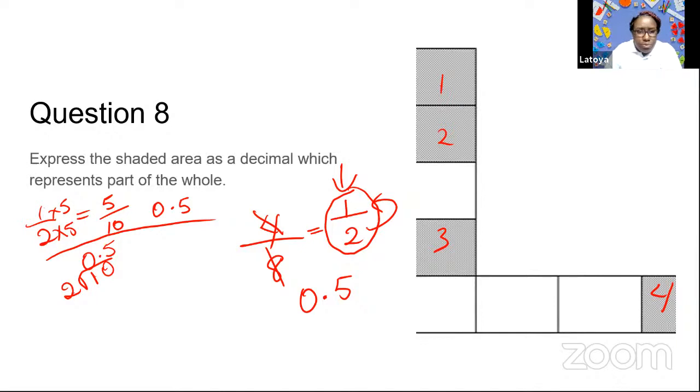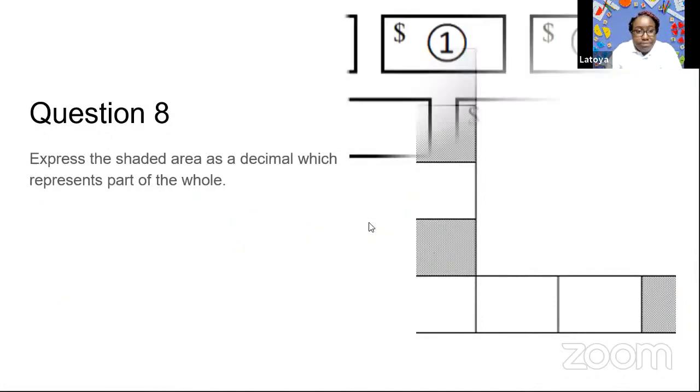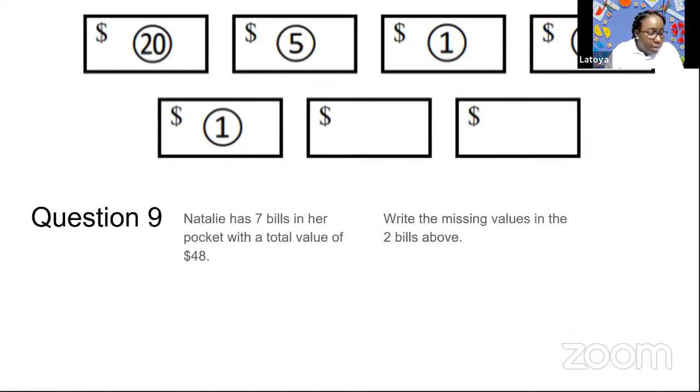Okay. Moving on to question number 9. Natalie has 7 bills in her pocket with a total value of $48.